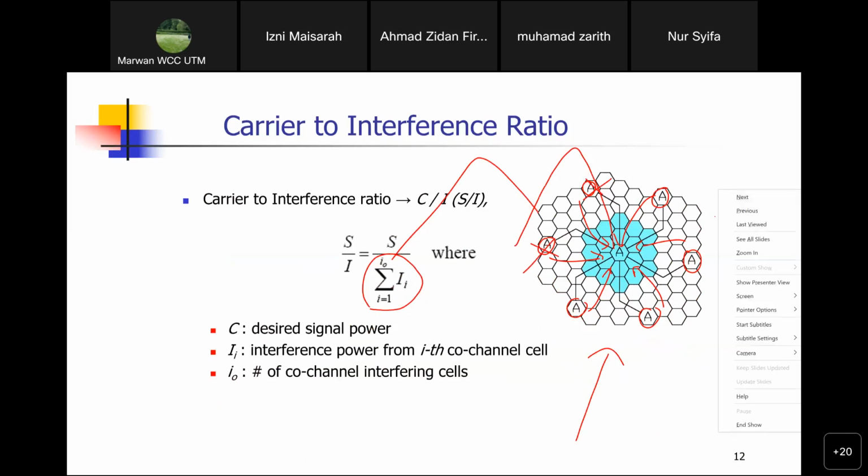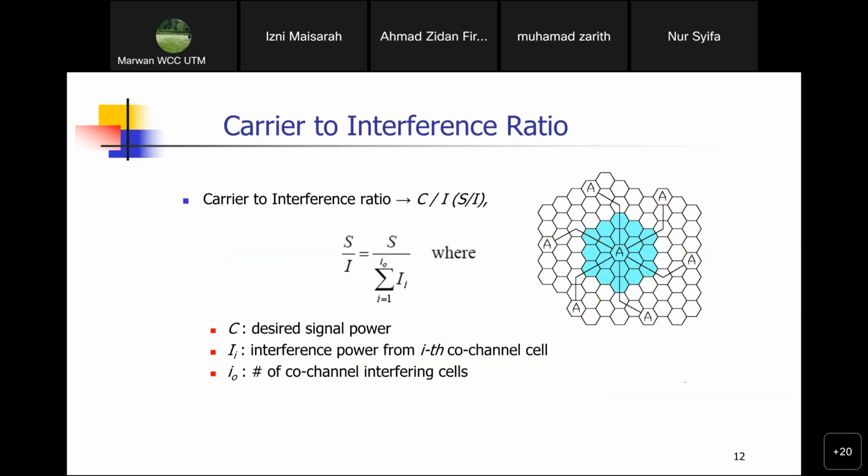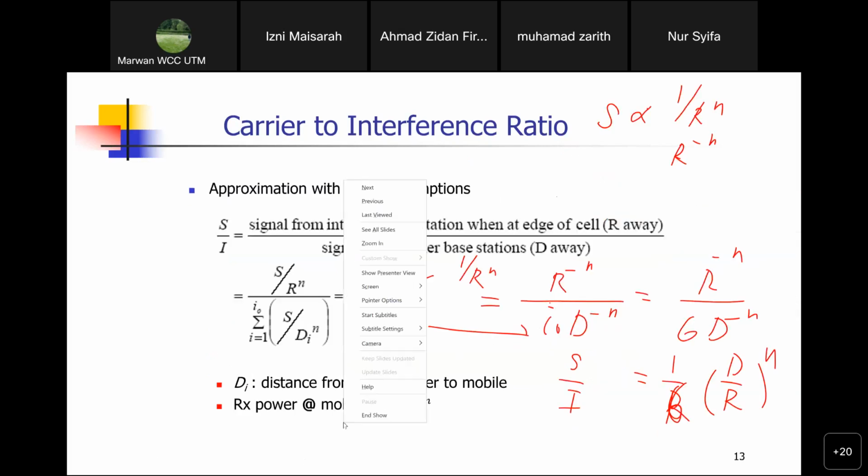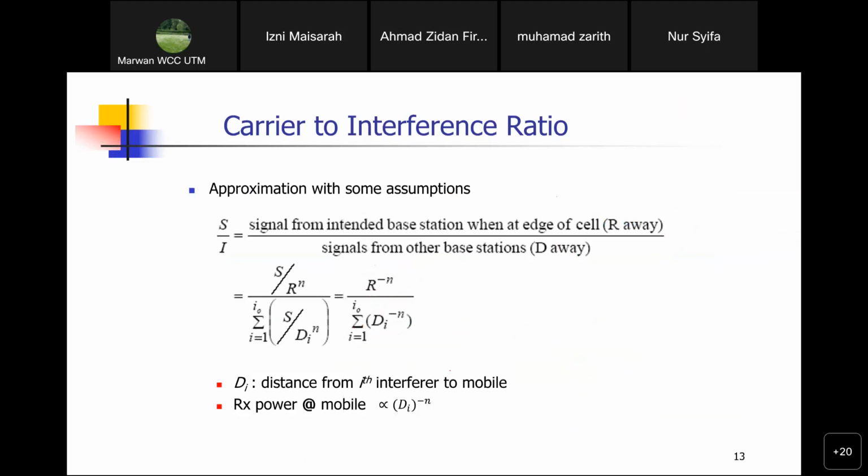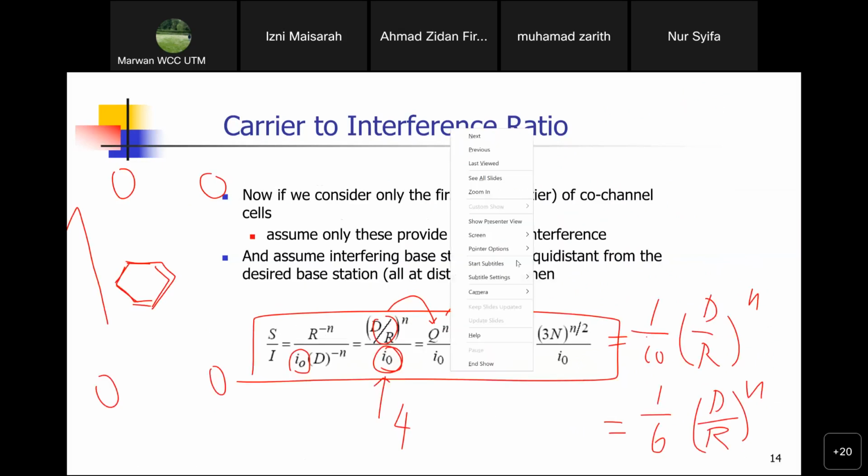In general, if it is a full-scale network where the co-channel interference is around you at 360 degrees, then you will have 6. This is how you approximate and compute the C over I. Any question on this?